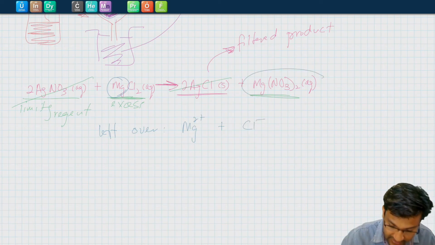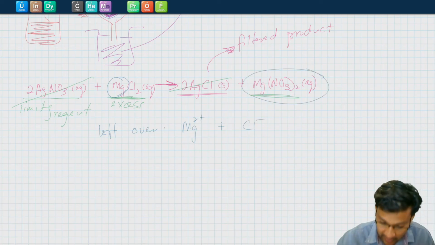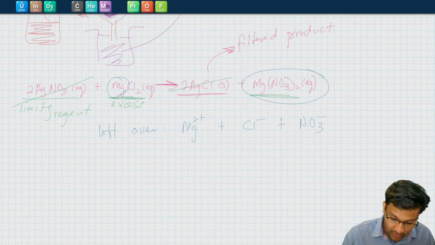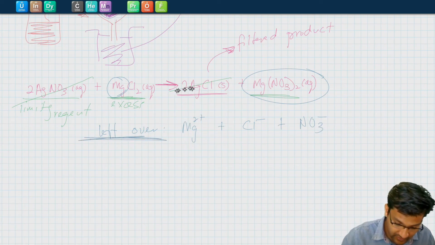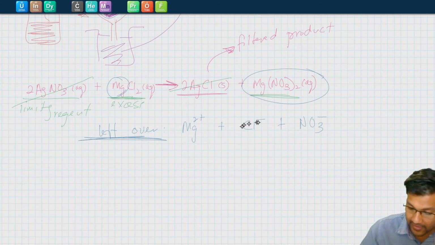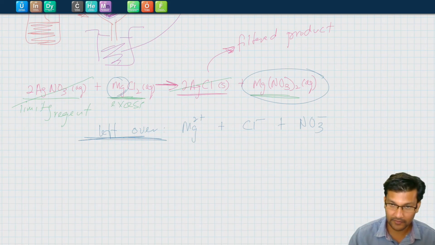And we'll have nitrate minus left over after we filter as well. So what we have left over after we filtered off and used up all of the limiting reagent are magnesium ions, chloride ions, and nitrate ions.